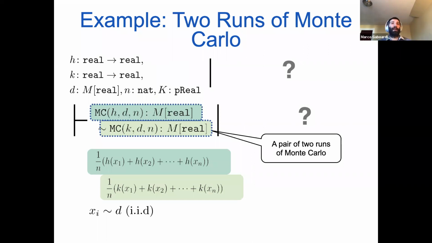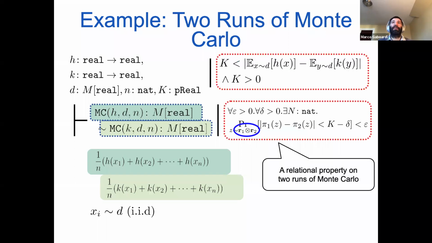Now, through this kind of relational logic, we can reason about a pair of two runs of Monte Carlo. We can prove something like I showed you before, where we have a probabilistic statement that talks about the result of the computation. And again, this can be proved by induction on the structure of the two programs.